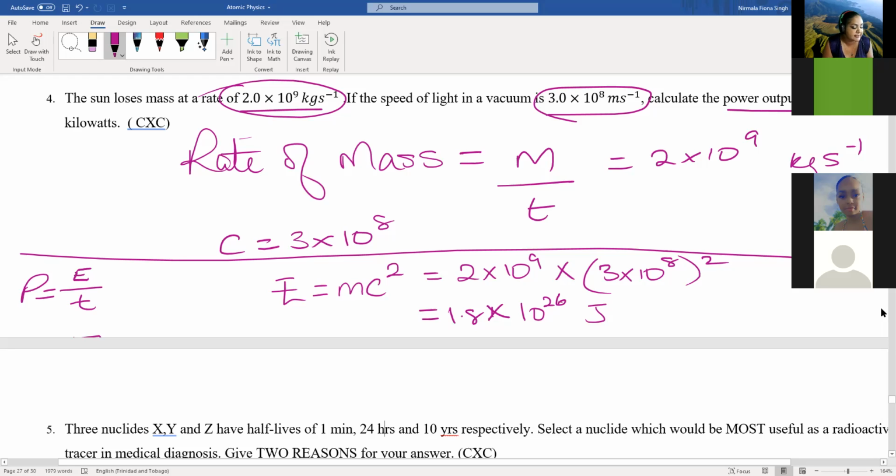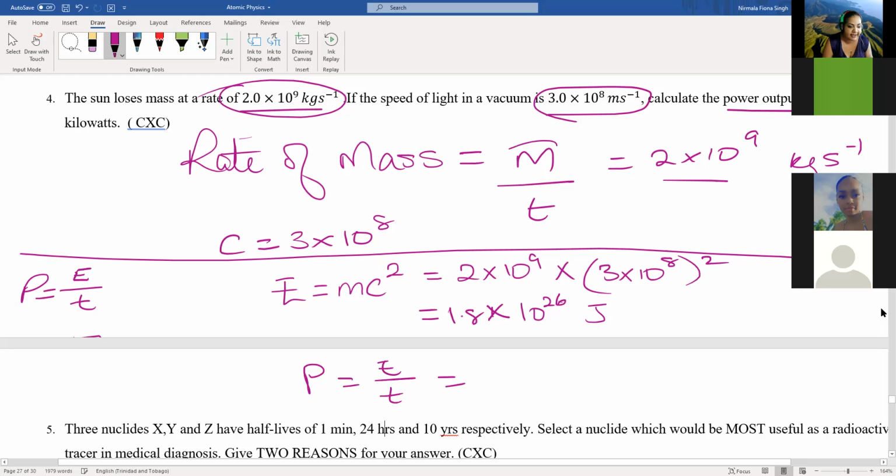Now, I want to determine power. I just worked out energy, but if you look here, they said that the rate of mass is 2 by 10 to the 9. So that means every single second, we have a mass of 2 by 10 to the 9 being given off. So we can always now say power is equal to energy over time.